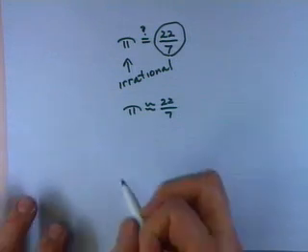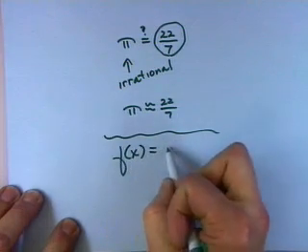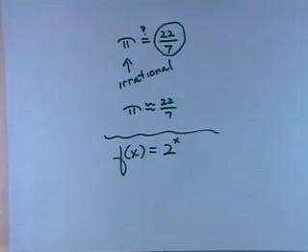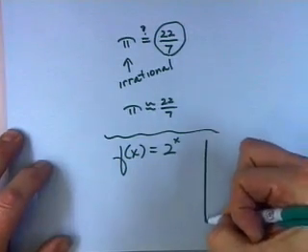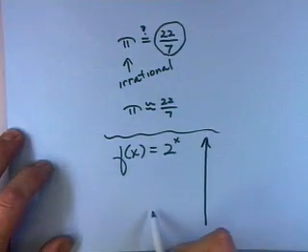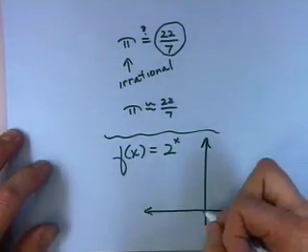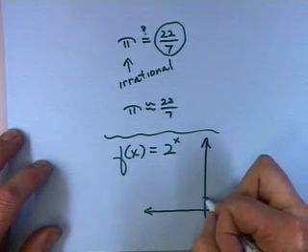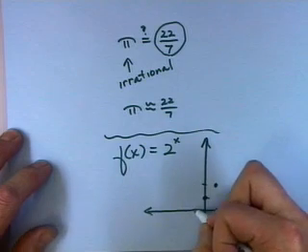So we can take a function like 2 to the x, and we can have positive integers, negative integers, 0, rational numbers, and we can also fill in those little places where the irrationals are, and we can come up with a complete picture by plotting some points. 2 to the 0 is 1. 2 to the 1 is 2.